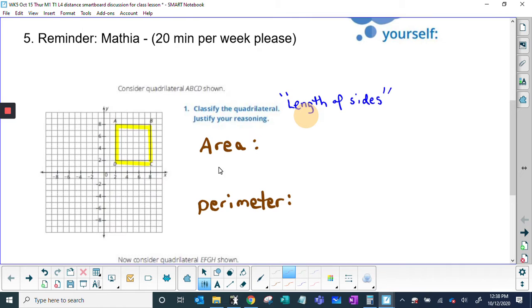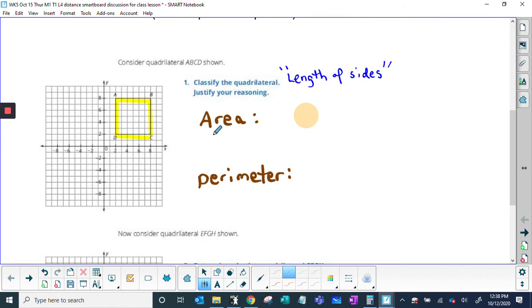So in class, we are focusing on the area. In order to find area, many of you might remember it's the length times the width. Length times width.